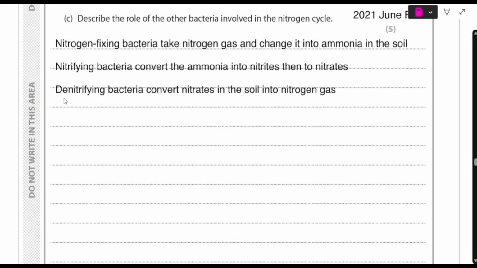And lastly, denitrifying bacteria, we can guess from the name that it will be opposite, that nitrates are turned into nitrogen gas. So these three can form a cycle, which is why it is given the name nitrogen cycle.